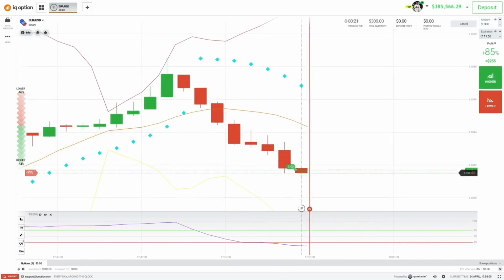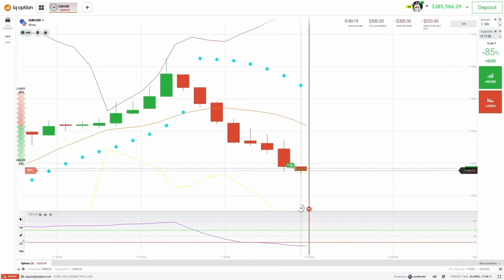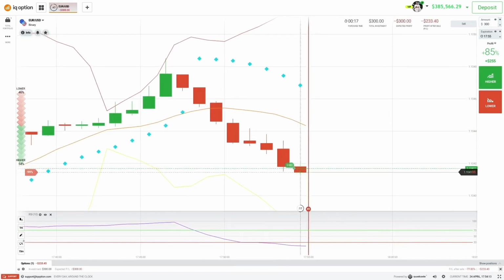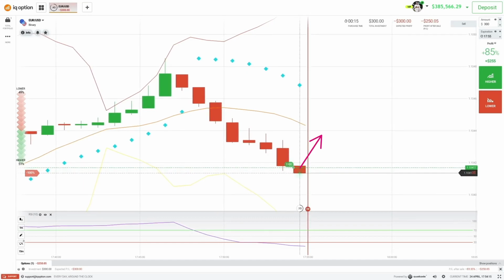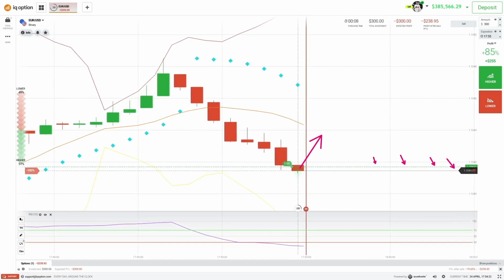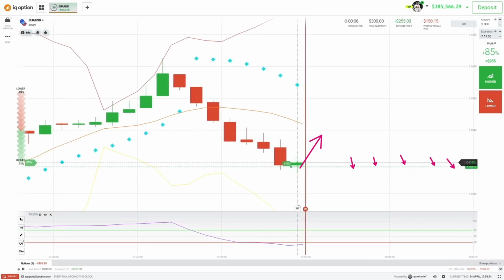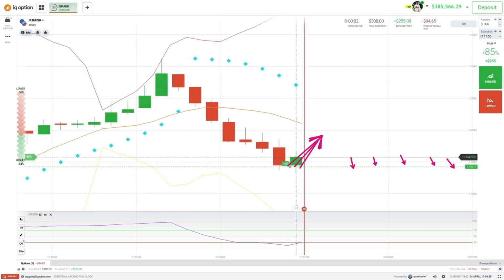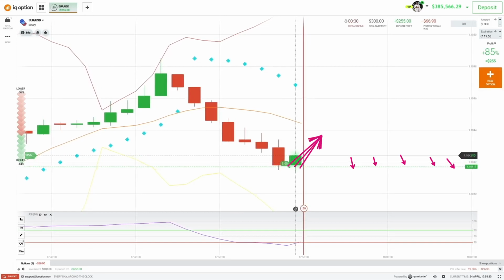Let's go. This time we will see an uptrend. We'll see a green candle being created. So the market will close above this level. It's going above this level. Great.